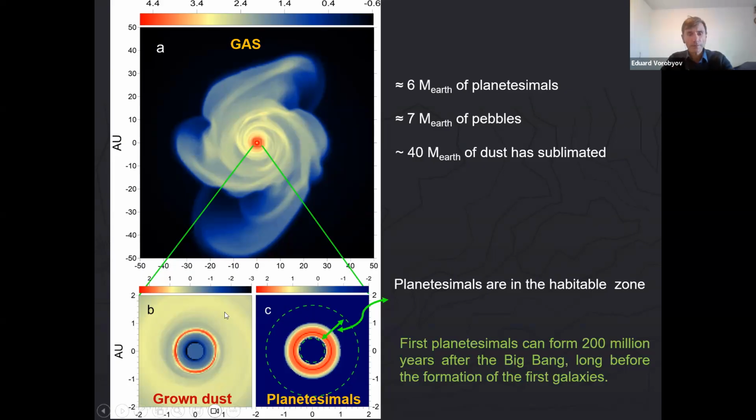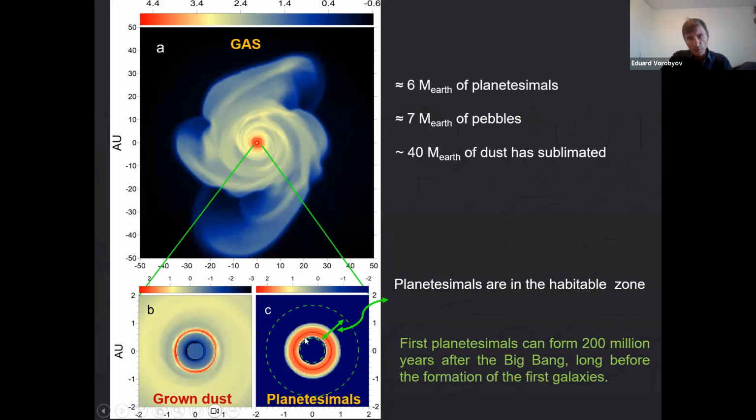So we can model these effects, and we see that indeed we can see the formation of planetesimals in the early universe, and we form like 6 Earth masses of planetesimals, and about the same amount of pebbles, but lots of dust gets actually sublimated in these very early environments.